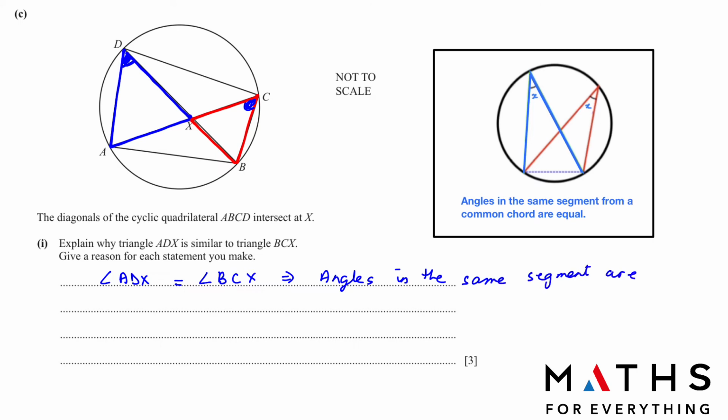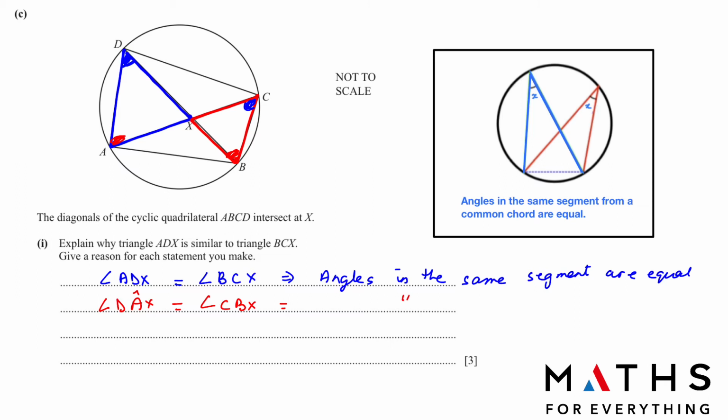Then the second one, if you notice correctly, this is also a chord, and from the chord DC you have 2 angles, B and A. Therefore, angle B is equal to angle A. Angle DAX, we are talking about the middle angle here, angle CBX. They are equal for the same reason, angles in the same segment are equal.